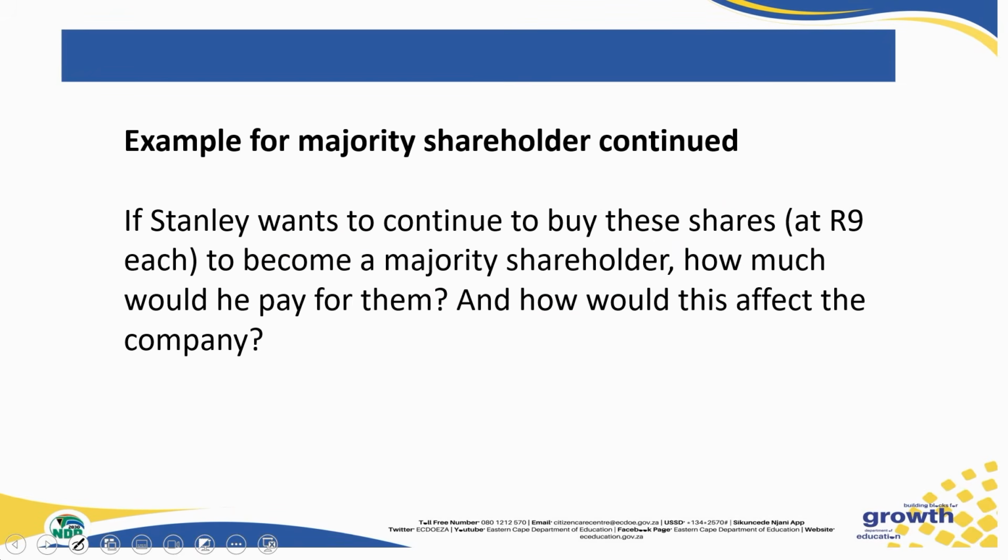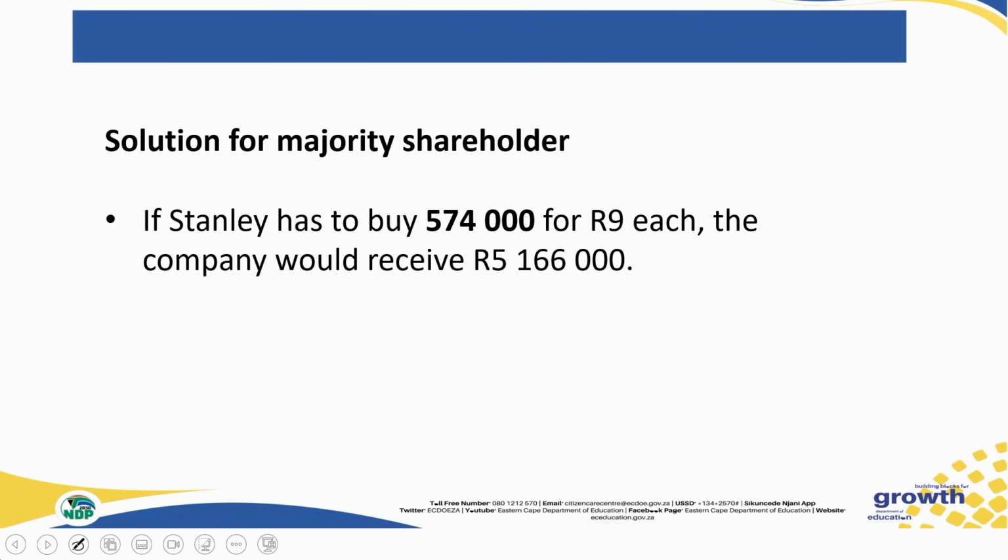And then the last question: if he buys these shares at 9 Rand to become a majority shareholder, how much would he pay and how would this affect the company? Firstly, if he would buy the 574,000 shares for 9 Rand each, the company would receive 5,166,000 Rand.